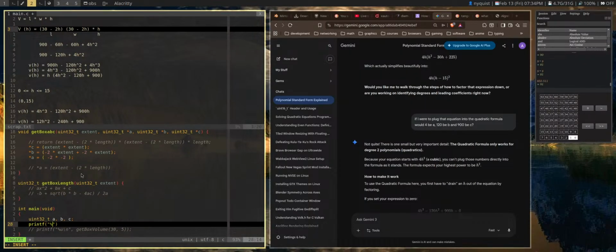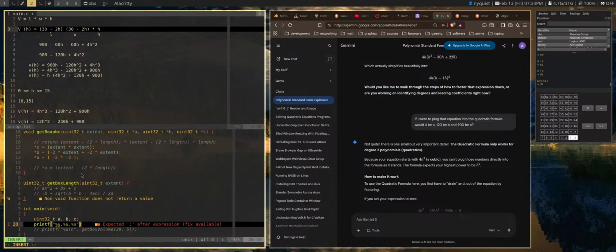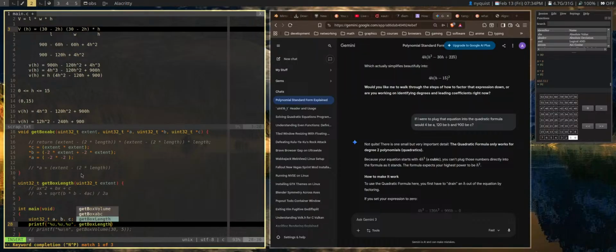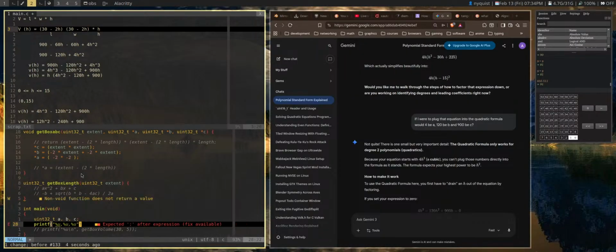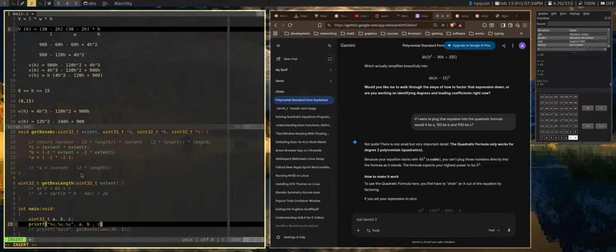printf. I just want to see. Get box ABC. Let ABC like that. Get box ABC. And then we're going to have an extent of 30.